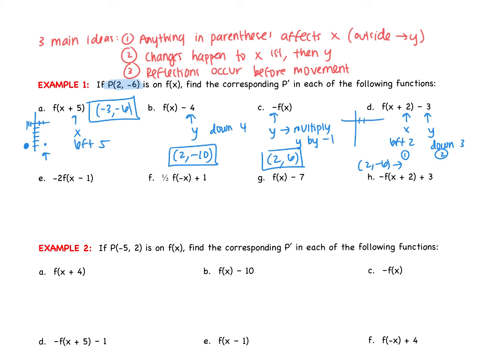So there it is. So that will become (0, -6). And then if we move it down 3, it'll be (0, -9). What do we think so far? Questions? Not too bad.